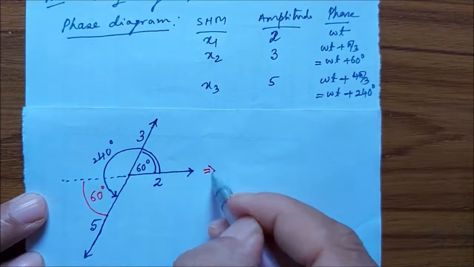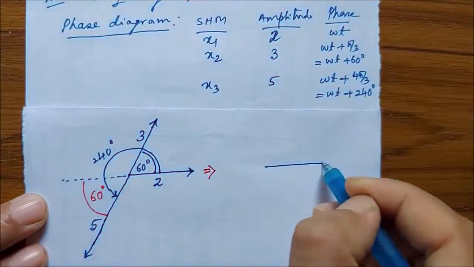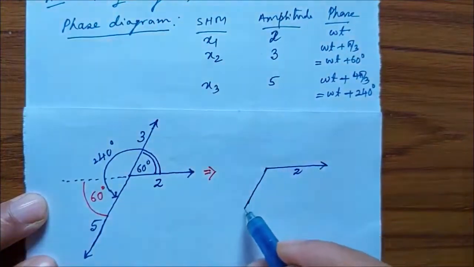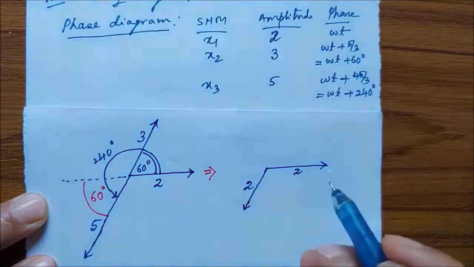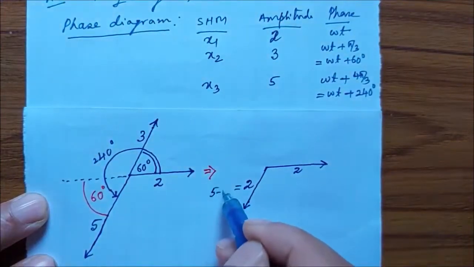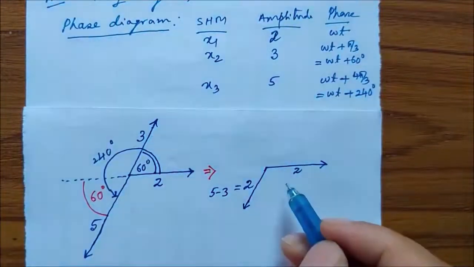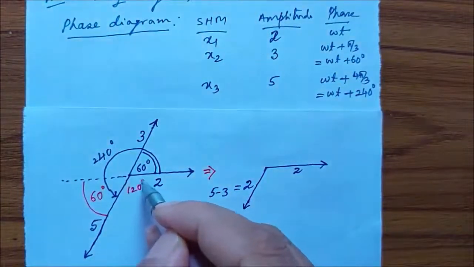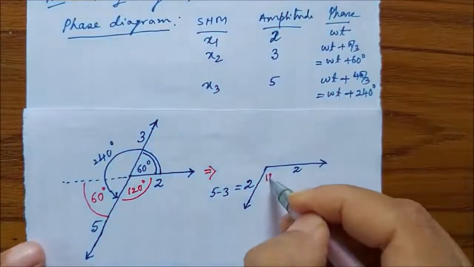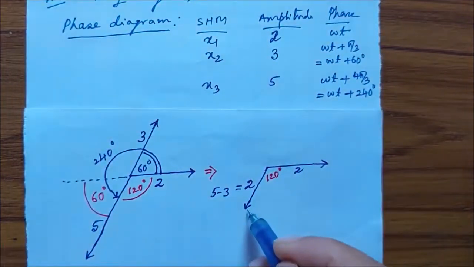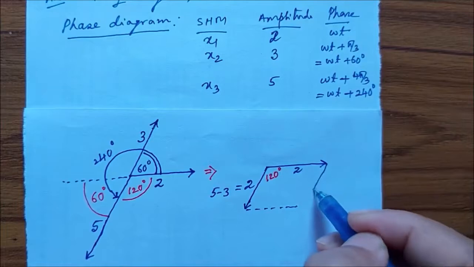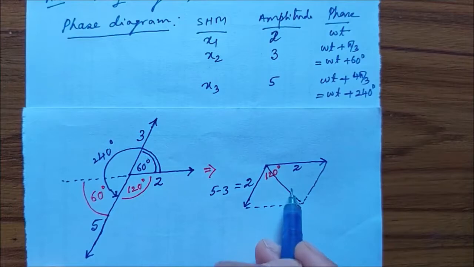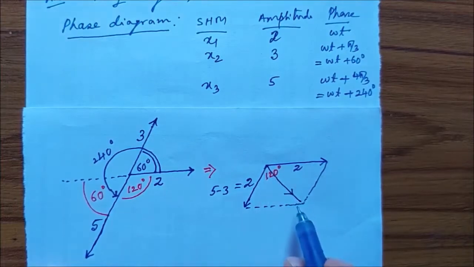So we can redraw the diagram. So this is 2 and this is 2, which is actually 5 minus 3, and this angle is 120 degrees. Let us now complete the parallelogram. So the resultant is this one, the value of which we will find out.